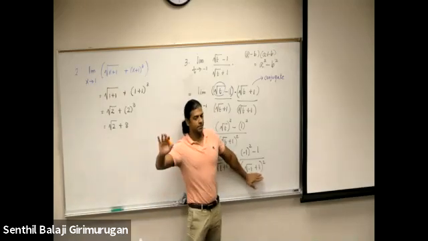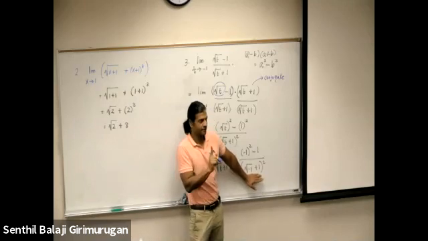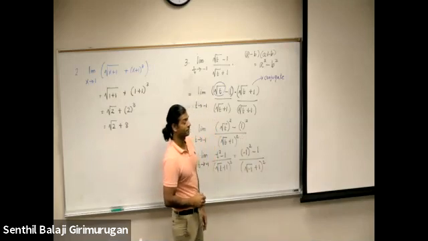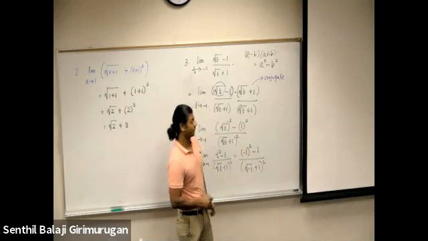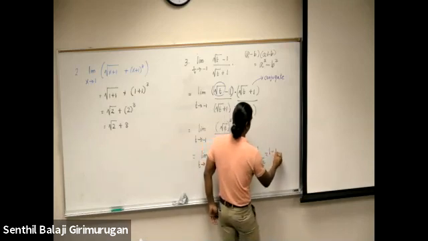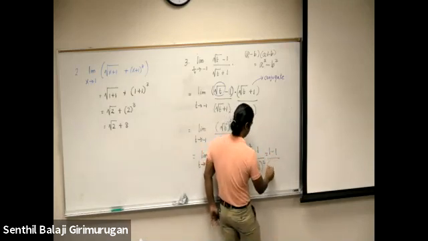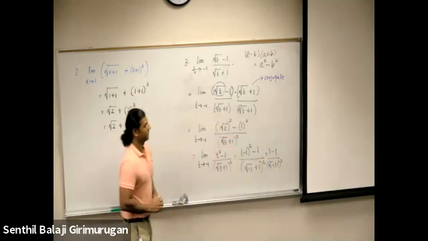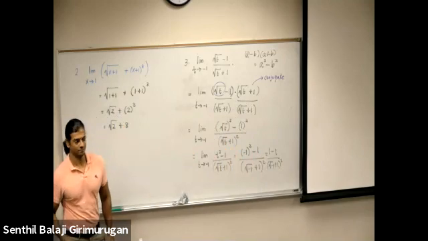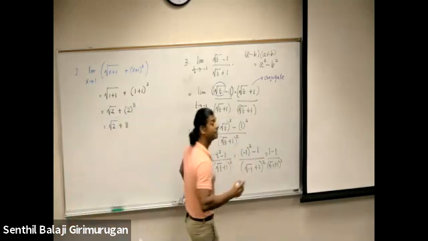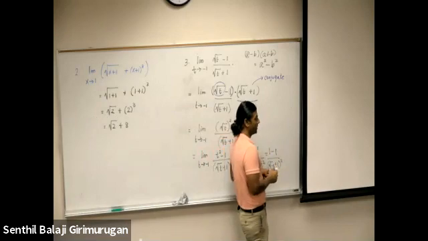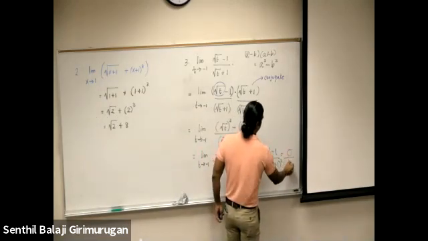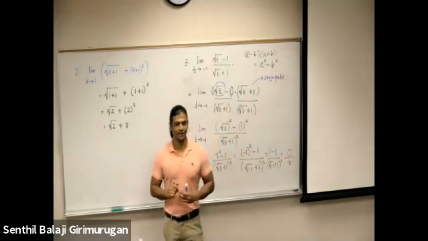This is some number. I'm not worried about it for the time being. But what is -1 squared? 1. So 1 minus 1 divided by whatever mess that is. What is 1 minus 1? 0. So I have 0 by whatever number this would result in.